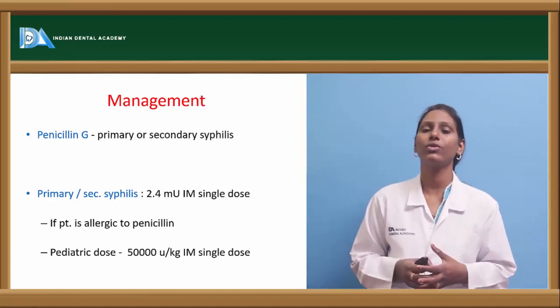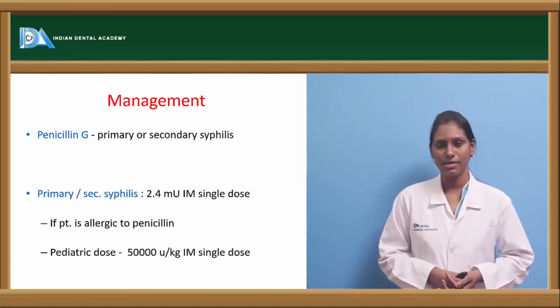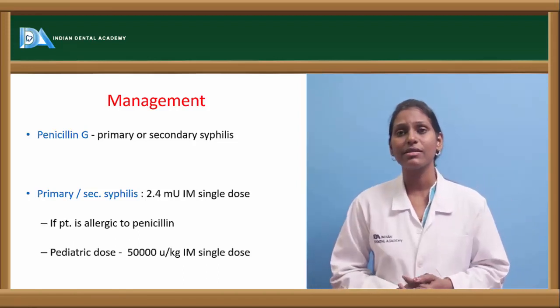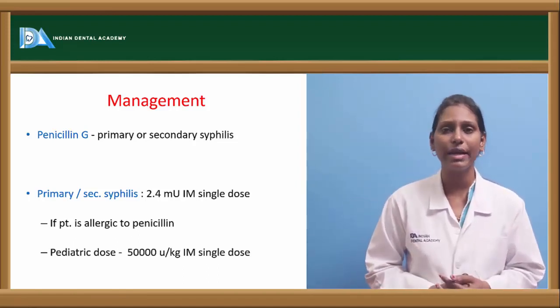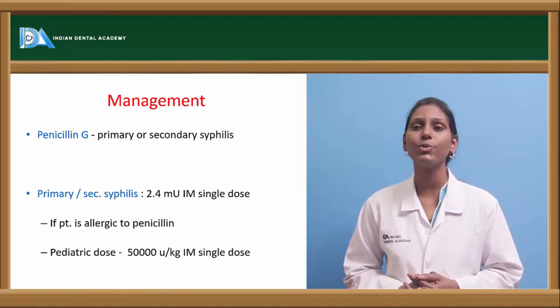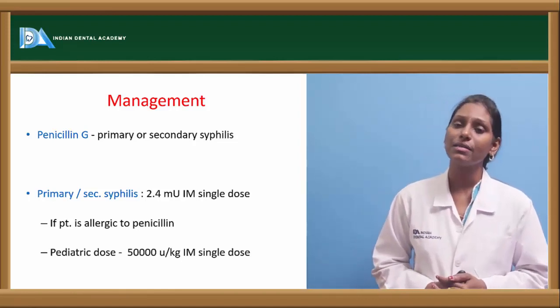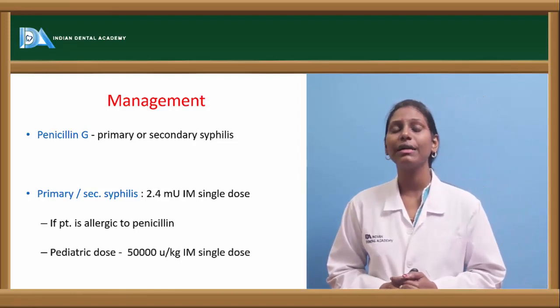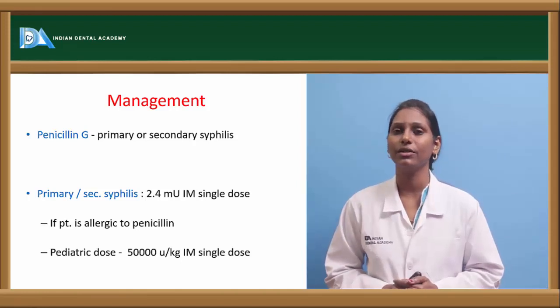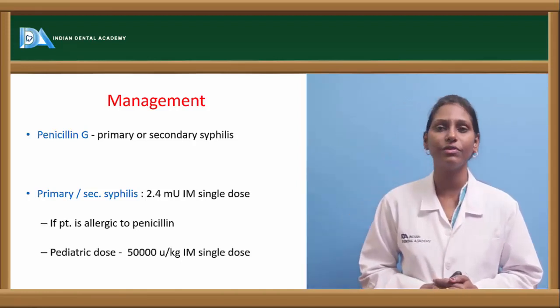Now, once we have diagnosed it, how do we manage syphilis? For managing syphilis, penicillin G is the first line and drug of choice. Usually it is given in both primary and secondary syphilis, about 6 lakh units once daily for 15 days.